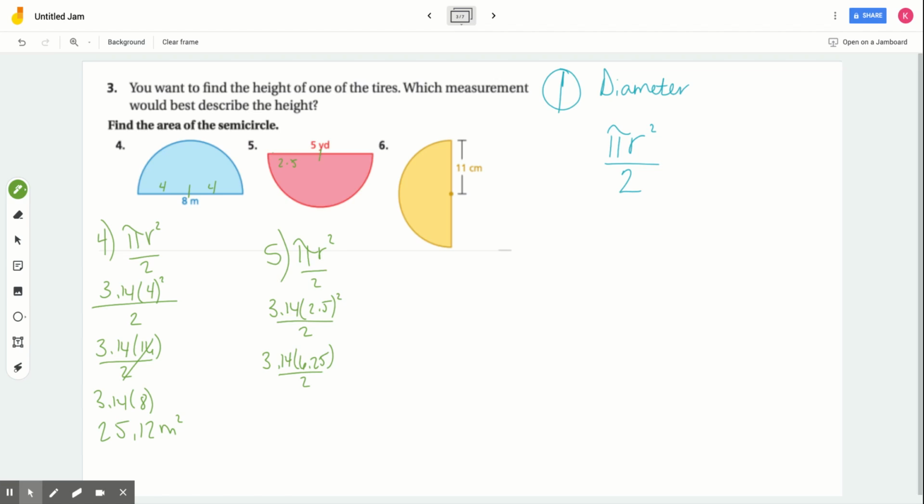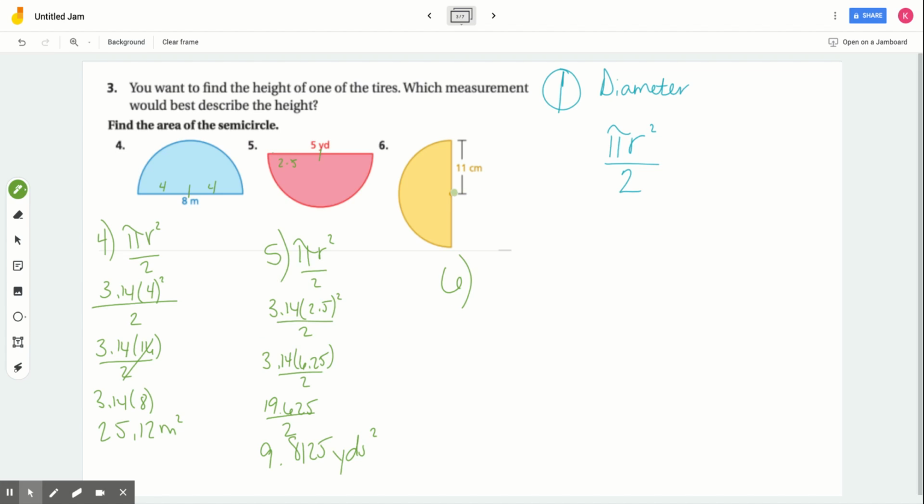So we can go ahead and multiply 6.25 by 3.14, which is 19.625. And then we will divide that by 2 to get our final answer of 9.8125 yards squared.